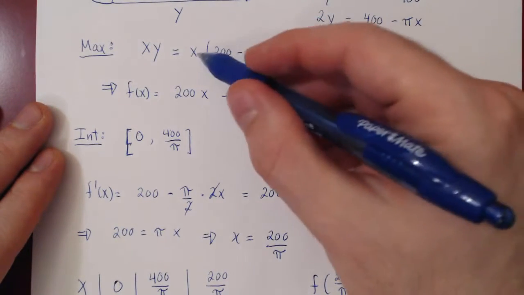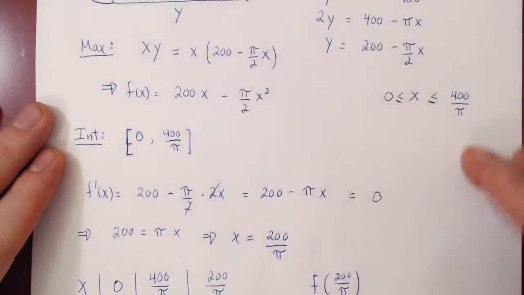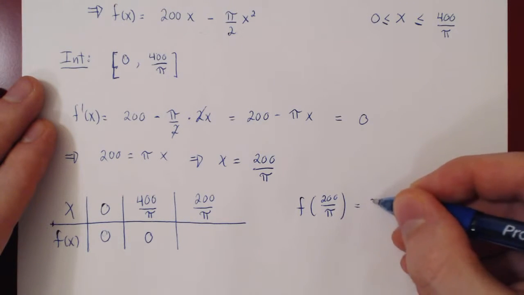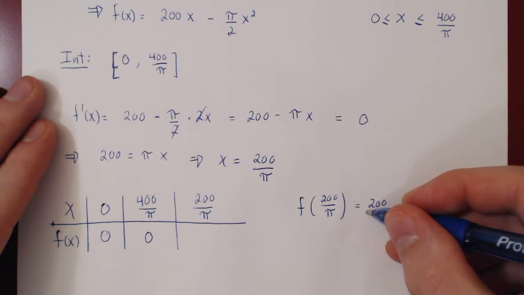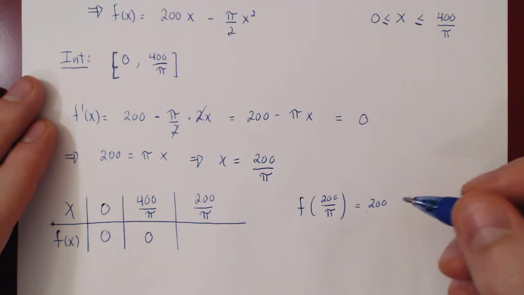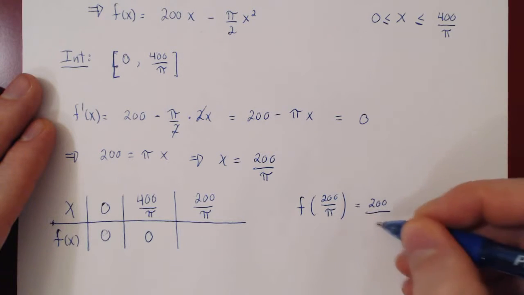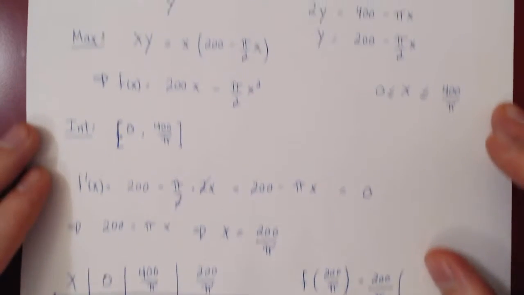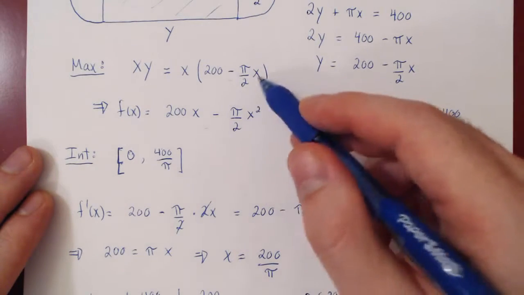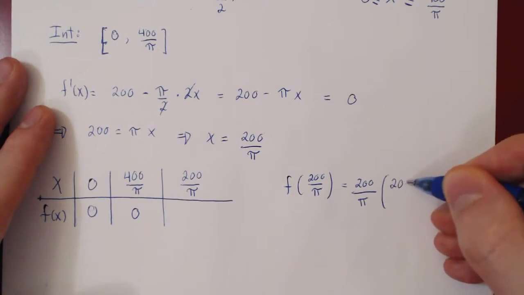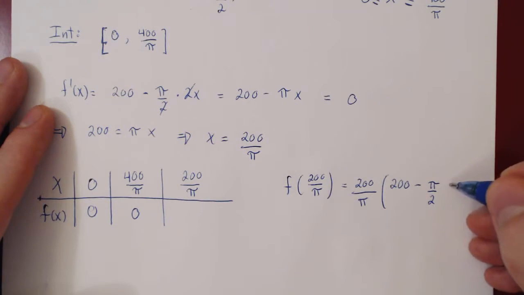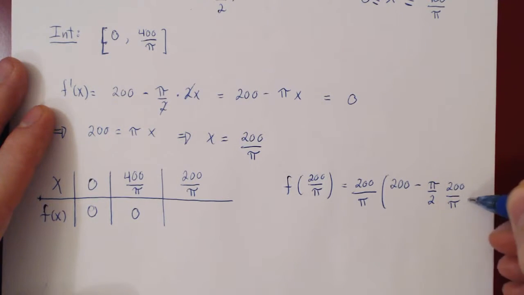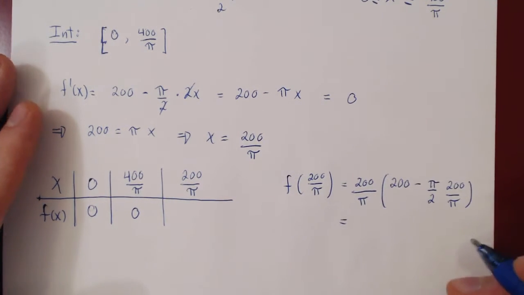Well, this is 200 over pi times 200 minus pi over 2 times x. So 200 minus pi over 2 times this value, 200 over pi. Let's see what we get.